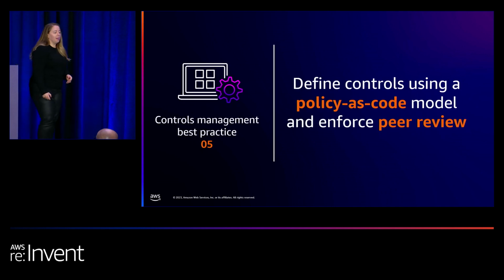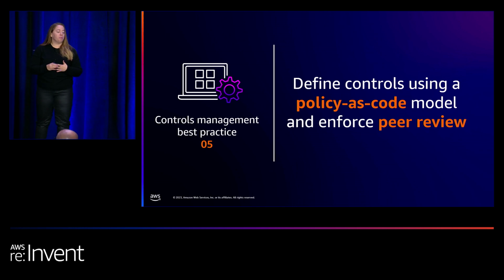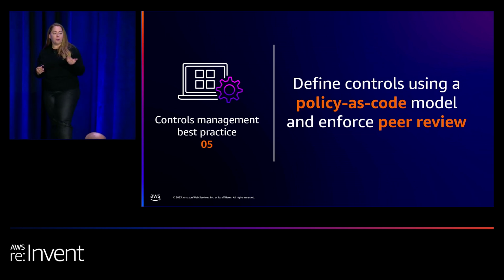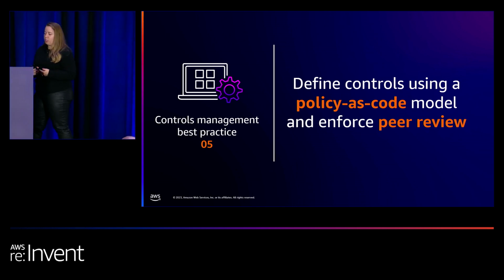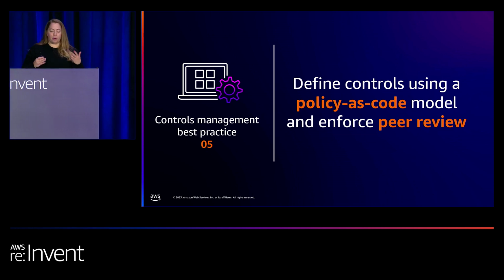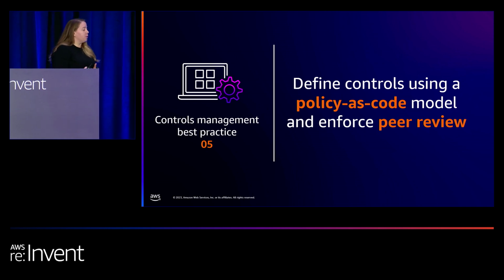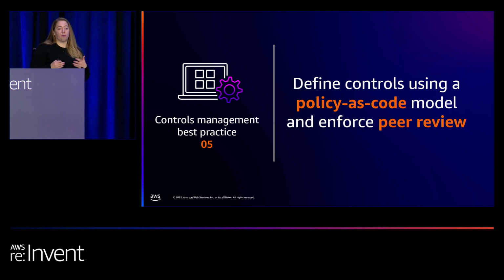So best practice number 5 is really to define controls using policy as code models and to enforce peer review as much as possible. Controls really should be, preference should be given to human readable policy languages. So I mentioned CloudFormation Guard policies as an example.